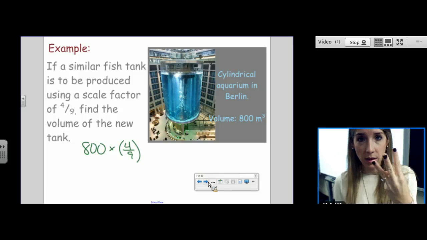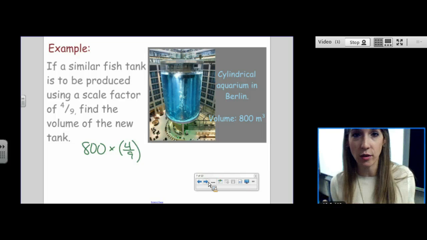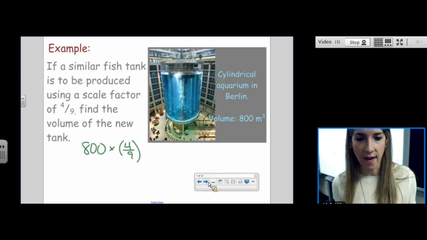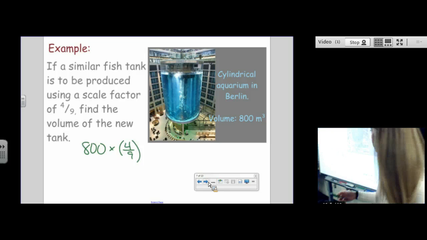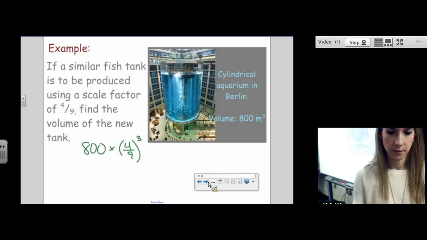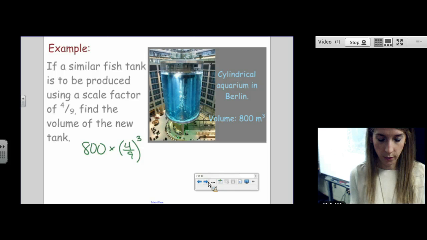We cannot multiply when our dimensions don't agree. 1D and 3D, they don't get along. They're not in unison. They're not a unified front. So we need to do something to our scale factor. We need to cube it. Okay? So 4 cubed over 9 cubed.